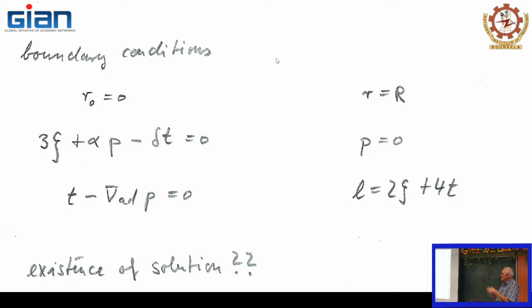Why? Well, if rather than putting two boundary conditions at the center and two boundary conditions at the surface, we put all four boundary conditions on one side, does it have a solution? Yes, it has a solution. It always has a solution for any values of the parameters. So the problem is that we have a boundary value problem where we fix the boundary conditions not only at one place.